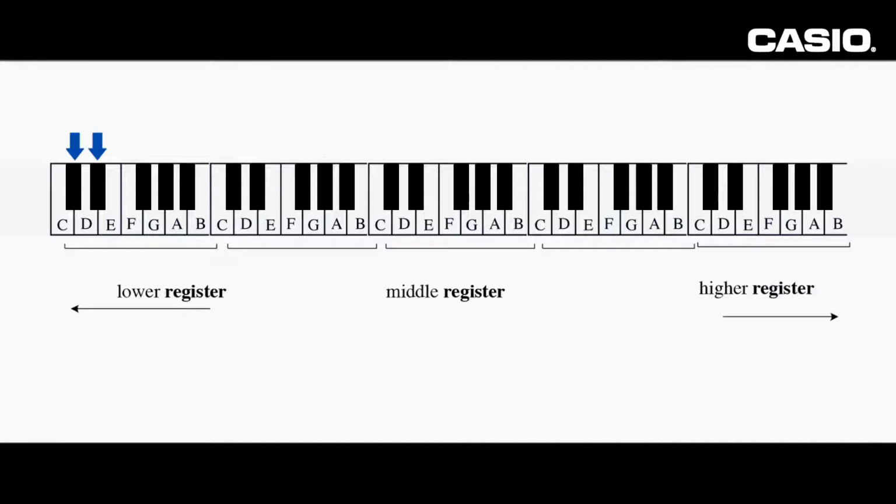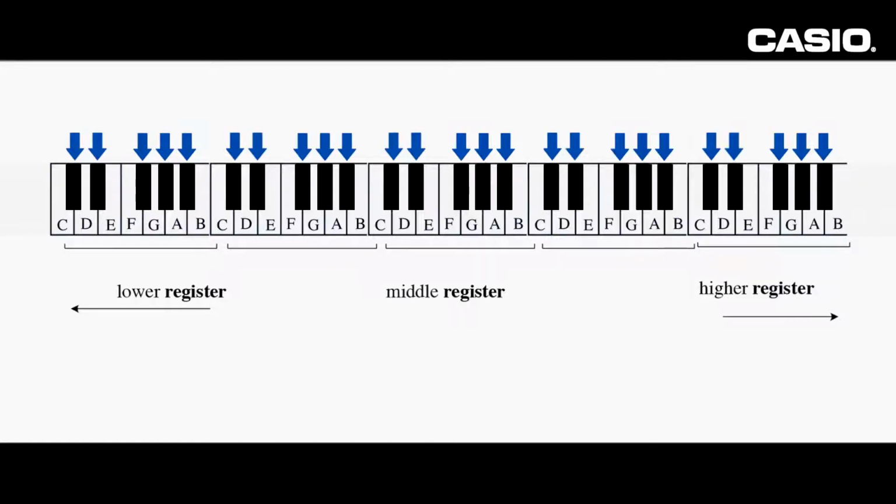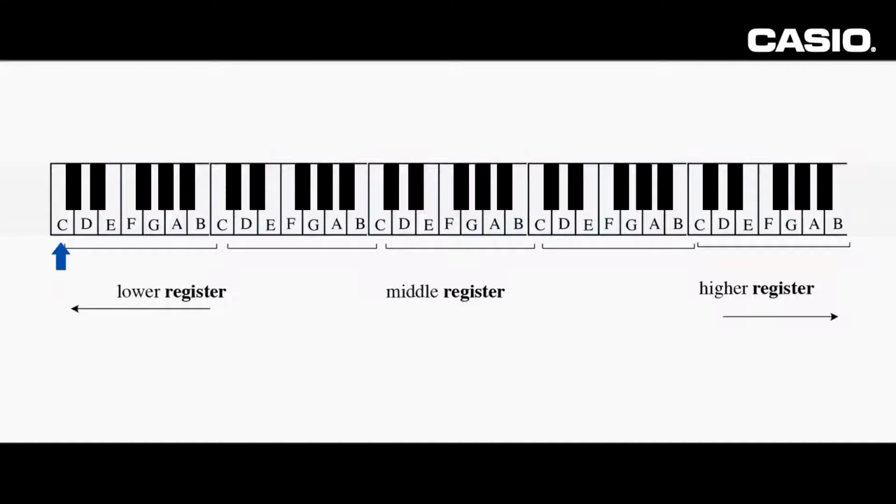You see a group of 2 black keys plus a group of 3, and that set repeats over and over again. So that starts from a C and another C comes again with a group of 2. So 2 plus 3 makes 1 octave of C to C notes.